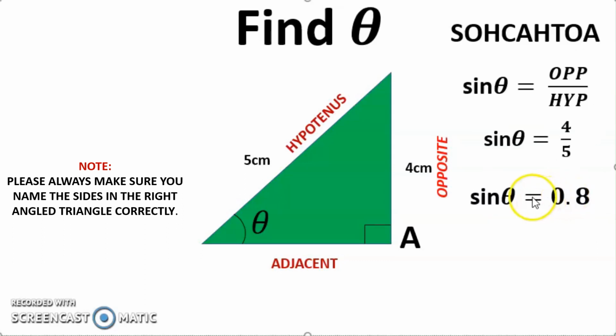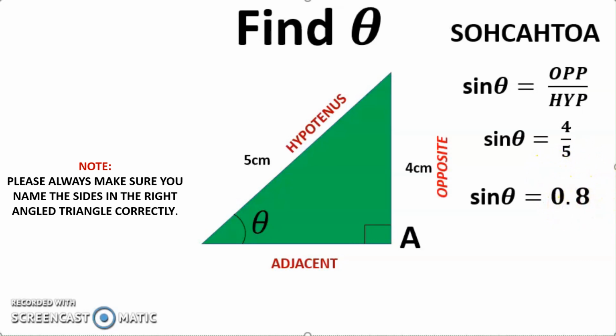Since we have gotten sine theta equal to 0.8, we are asked to find theta, not sine theta. So whenever you arrive at this point, to find theta, you are going to find the sine inverse of this value. You can get it with your calculator.